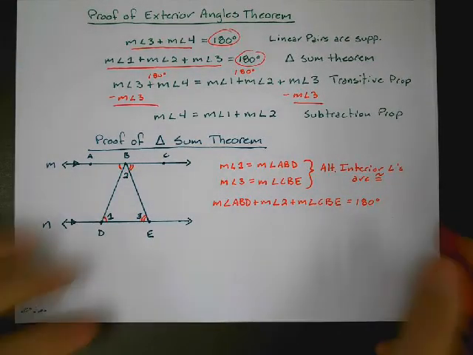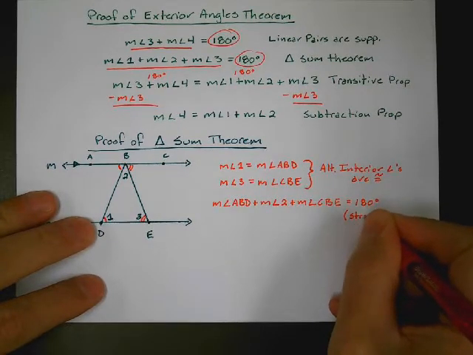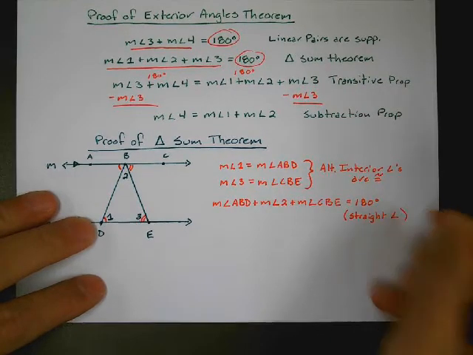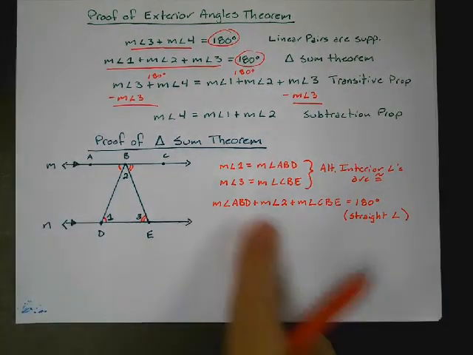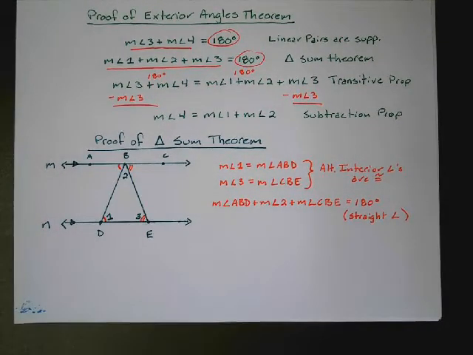And my reason is because that's a straight line, or a straight angle. And straight angles equal 180 degrees. So now I know these three angles up here should be straight angles.